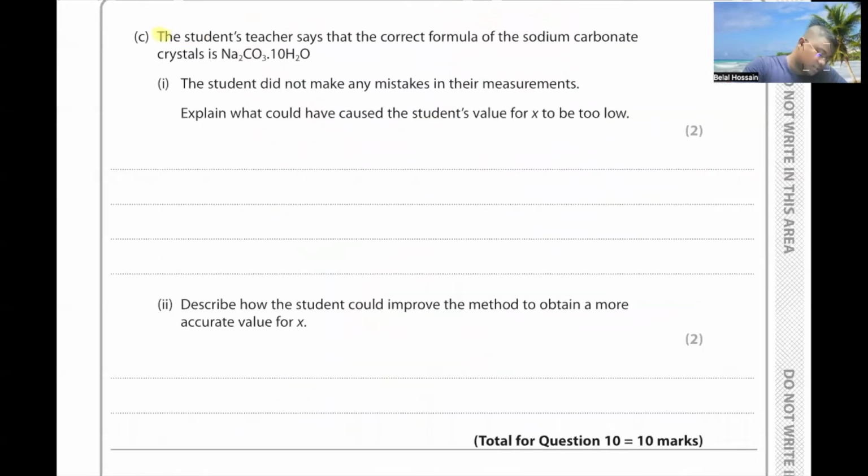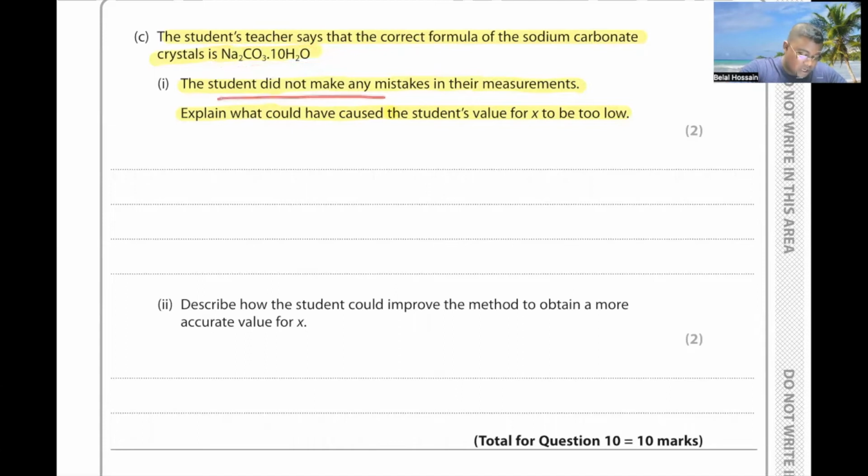Part C. The student's teacher says that the correct formula of the sodium carbonate crystal is Na2CO3.10H2O. The student did not make any mistake in their measurements. Explain what could have caused the student's value for X to be too low. That means there is more water in this particular sodium carbonate which the student couldn't account for.